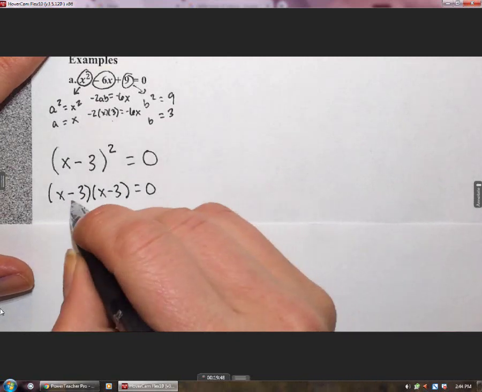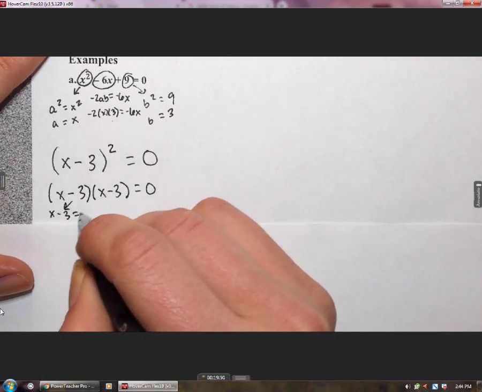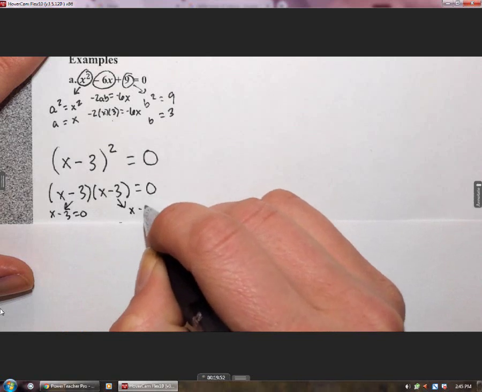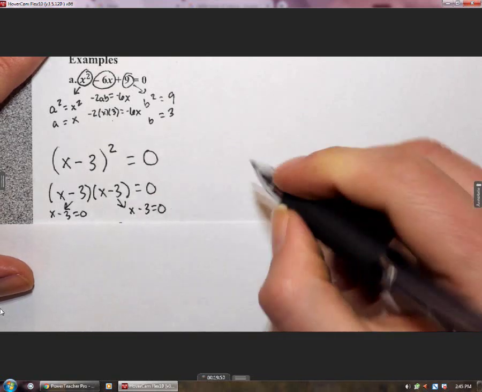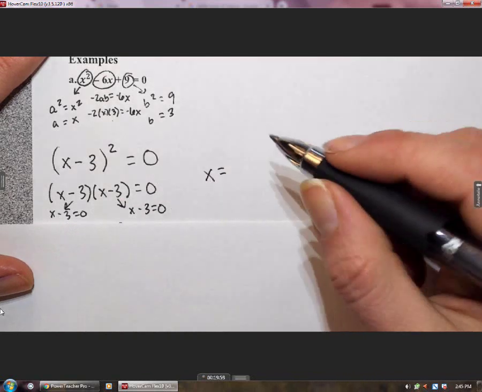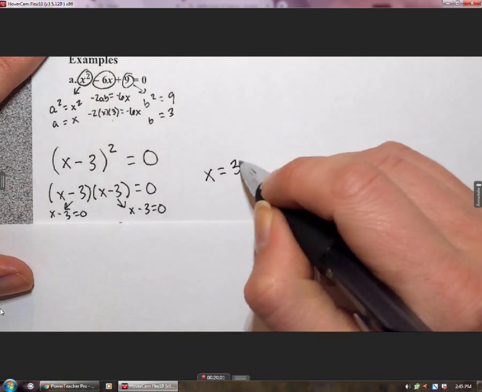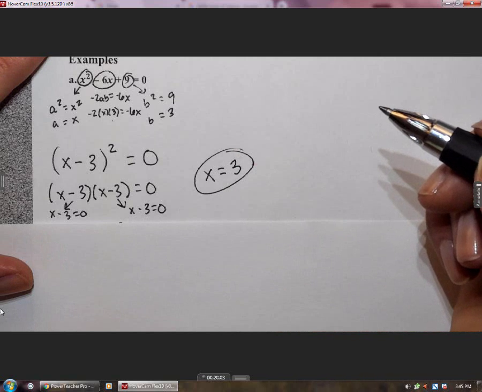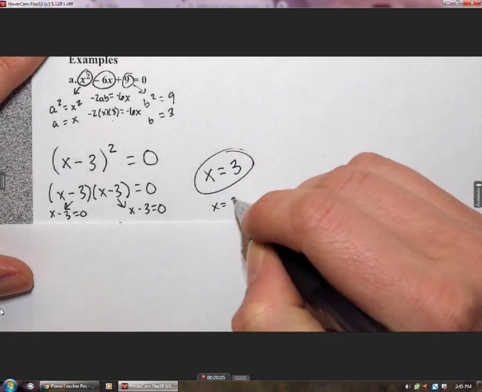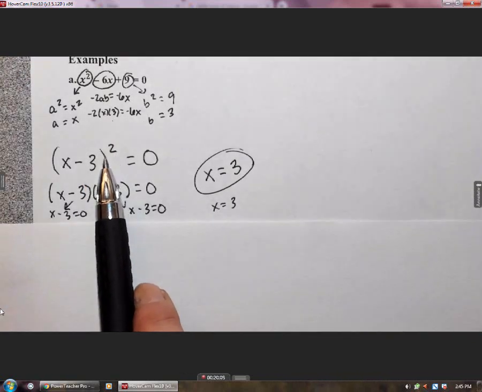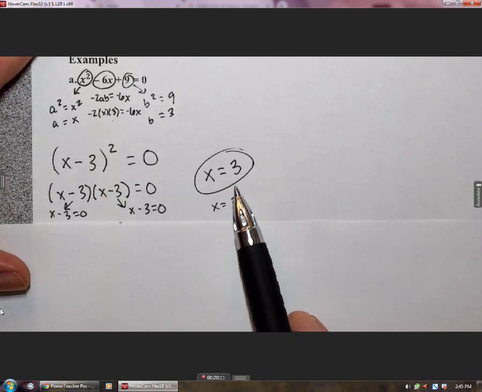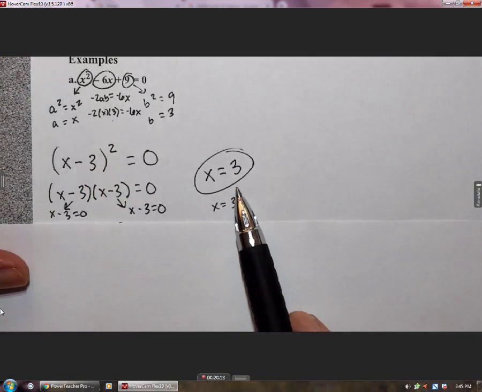You can split this up so that it's x minus 3 equals 0, but it ends up being the same thing. You wrote the same thing twice. So what is x? Just 3. You'd have x equals 3 and x equals 3. We say that this is a multiplicity of 2. You'll learn about that in Algebra 2. But this time it only really has one solution, x equals 3.